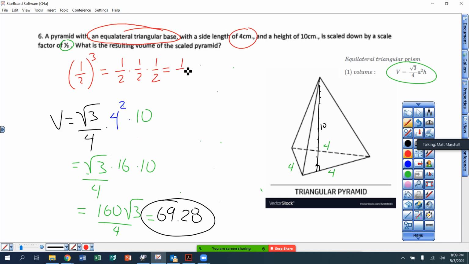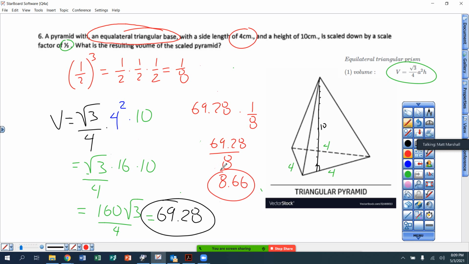So you'd have to take that volume, 69.28, and times it by 1/8, or that's the same as 69.28 divided by 8. Technically, that's the same as timesing it by 1/8. So that shrinks down to 8.66 on my calculator.